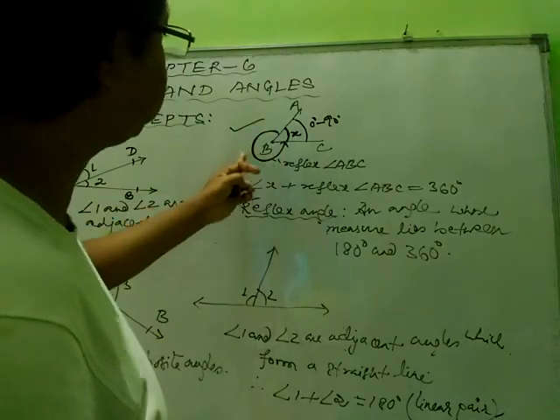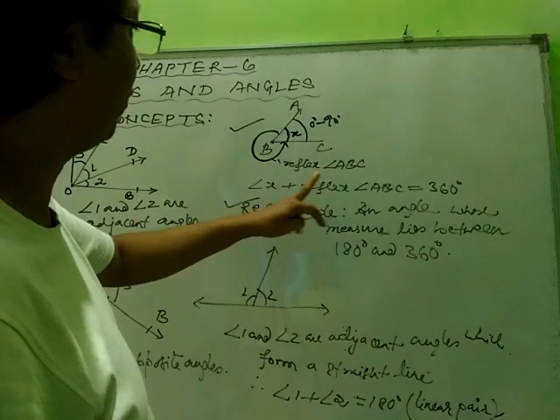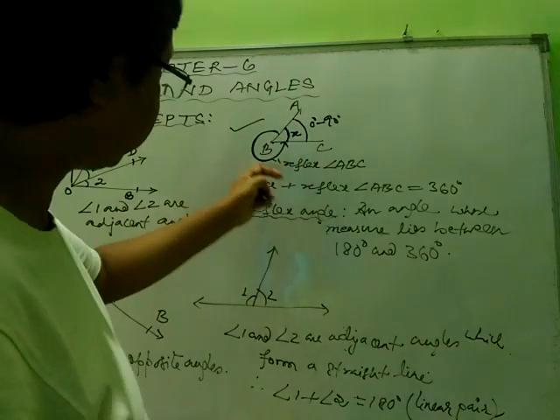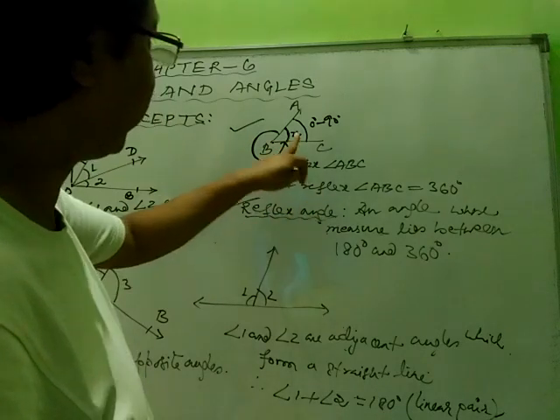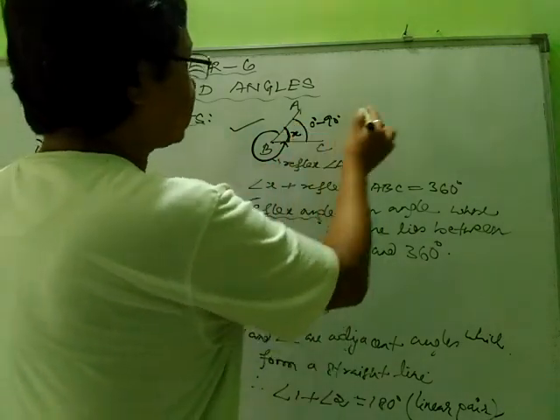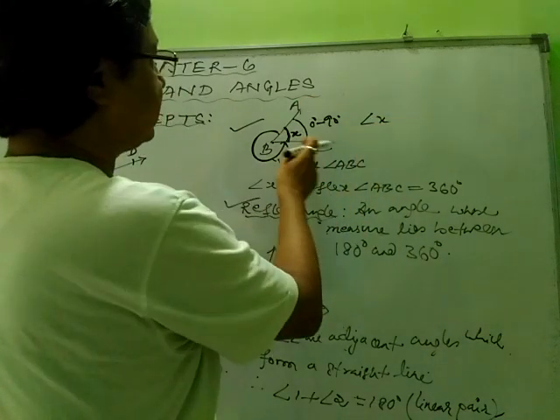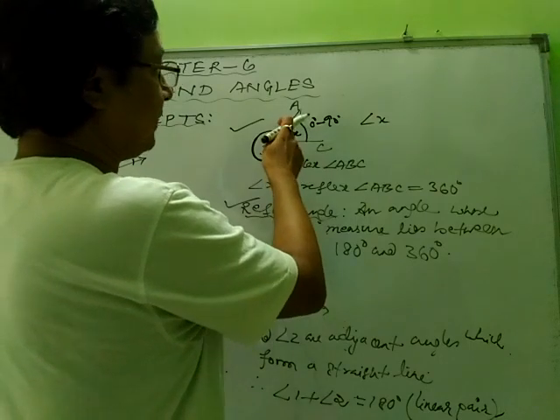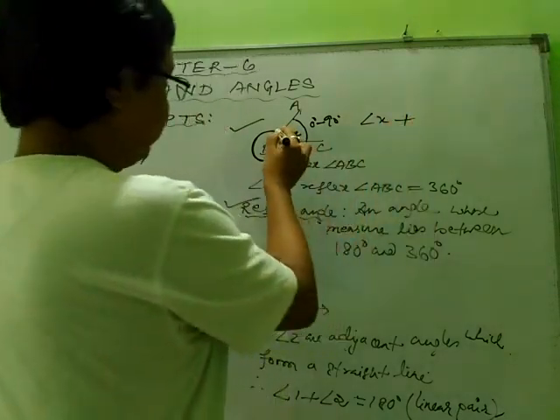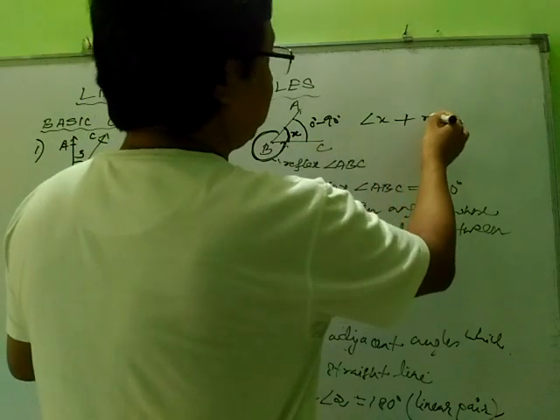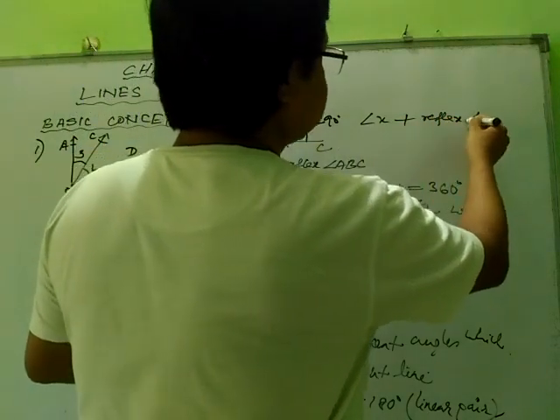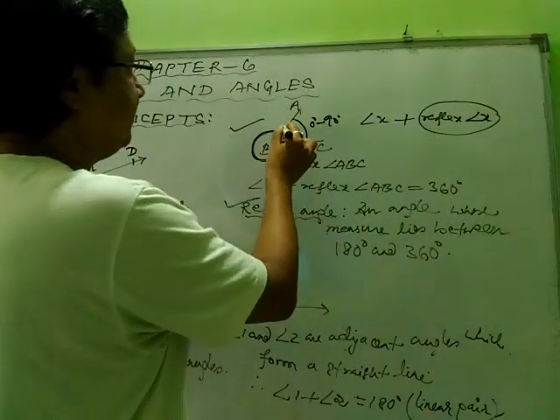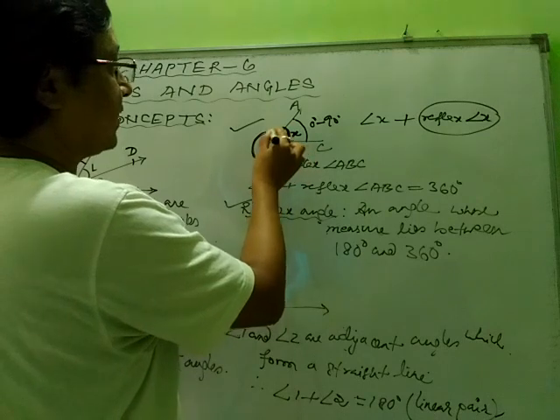So this part is called the reflex angle ABC, or reflex angle X, where angle ABC equals X. Reflex angle X means leaving this X degree to take this part.